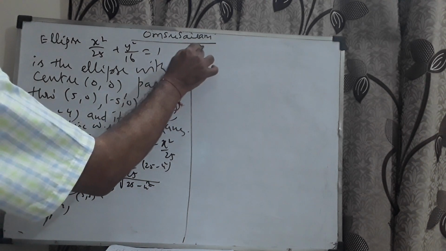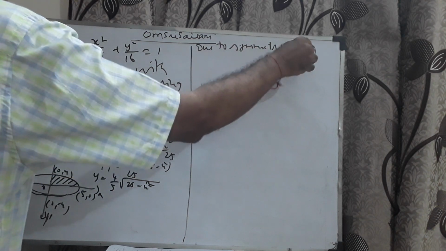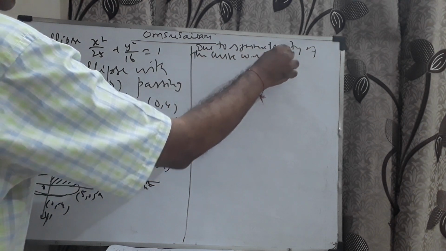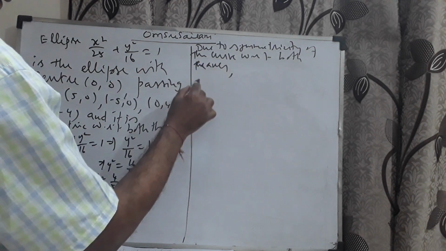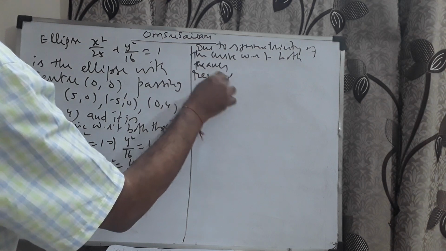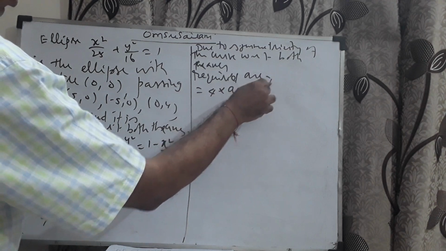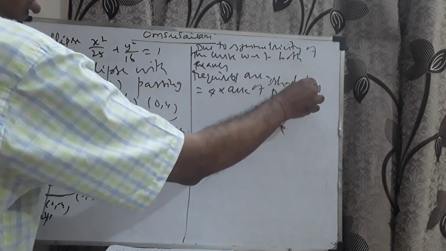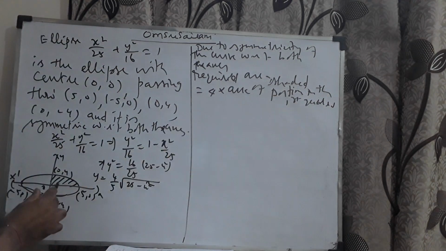Due to symmetricity of the curve with respect to both the axes, a required area is equal to 4 into area of shaded portion in the first quadrant. See the diagram. The area here is the same as here. Here all the 4 areas are equal.